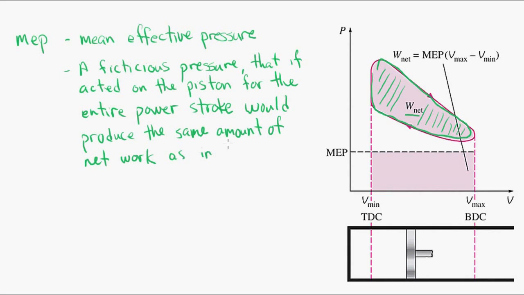So if we look back at the PV diagram, which goes between the two volumes, the area under the rectangle defined by the MEP has the same area as the actual curve where the net work is. So these two areas are equal.